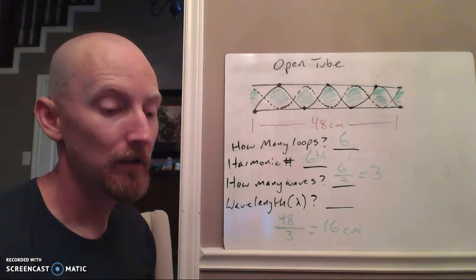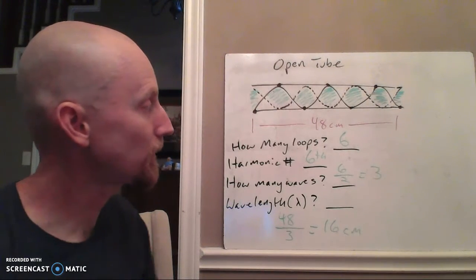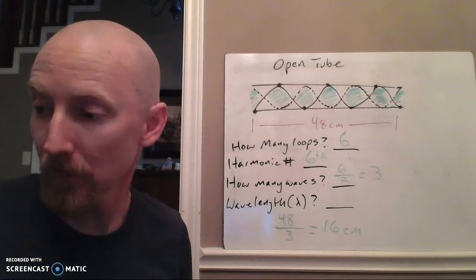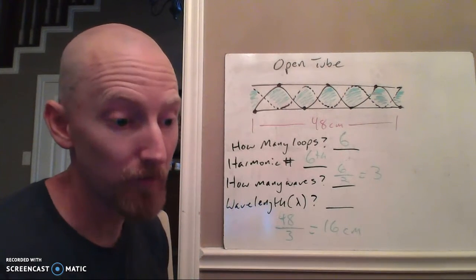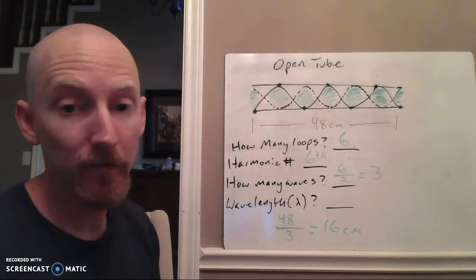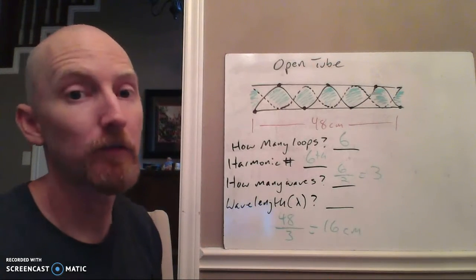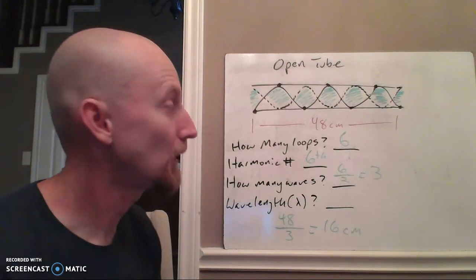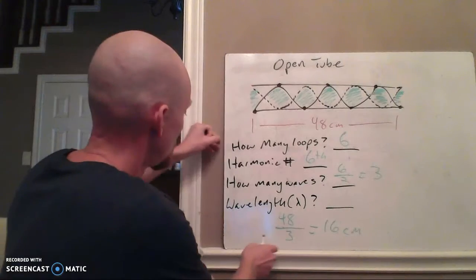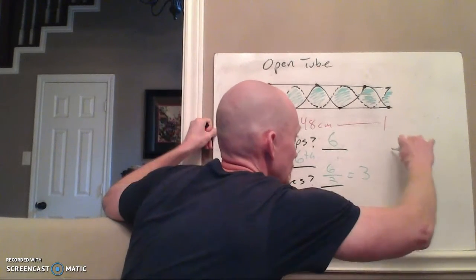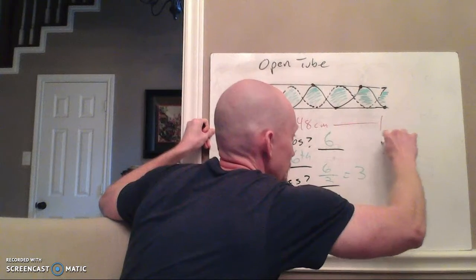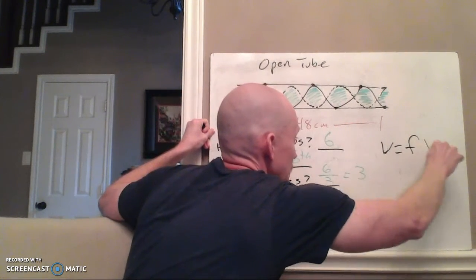Now, you may have to find the frequency. I'm going to change colors here. What is the frequency of these waves? There's an equation that we're going to need, and if you've been doing the Canvas module, you already know it. V equals F lambda.